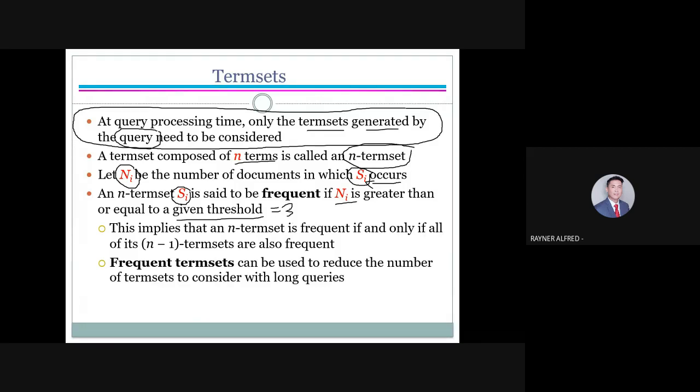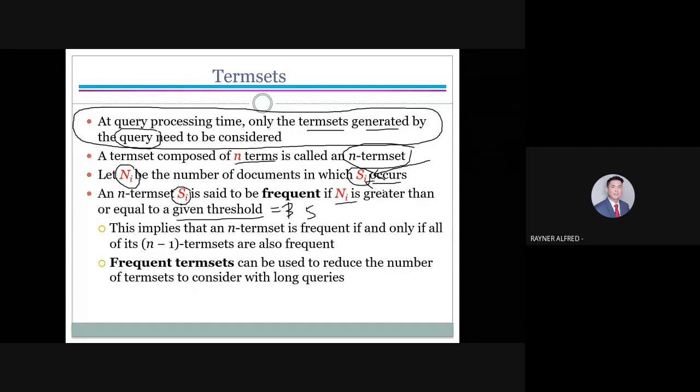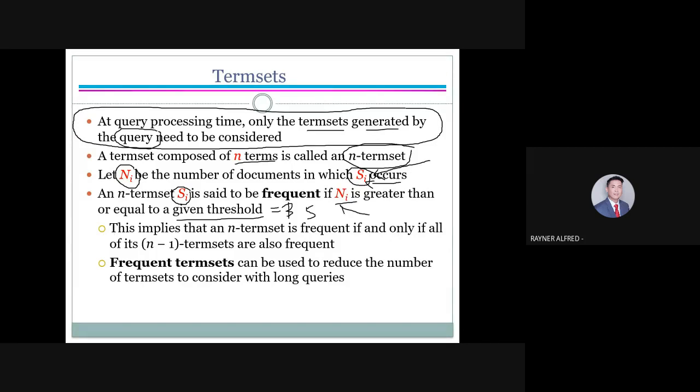But if I change this to 5, that means this term set is frequent only if it exists in 5 or more documents. This implies that an n term set is frequent if and only if all of its n minus 1 term sets are also frequent.